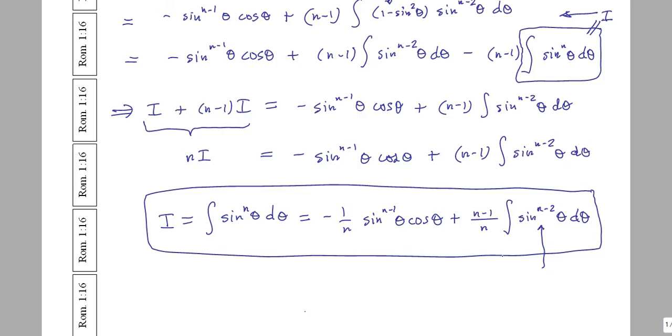So we developed up to 5. I can find, using this formula, the integral of sine to the 7th power. But if I wanted to do the integral of sine to the 8th, then I would necessarily have to have, first and foremost, the integral of sine to the 6th.